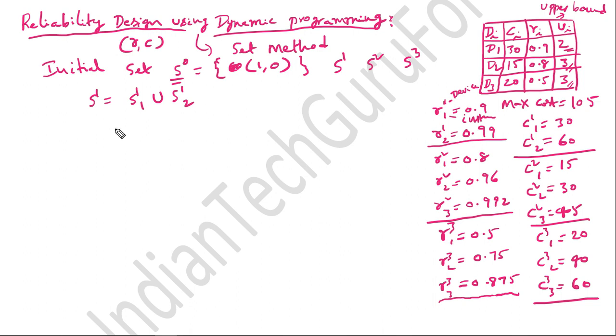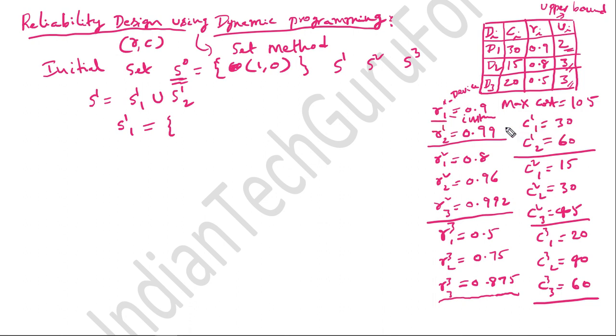Now how to calculate S power 1 suffix 1? S power 1 suffix 1 can be calculated using the values of S power 0 as well as the values of R power 1 suffix 1 and C power 1 suffix 1.